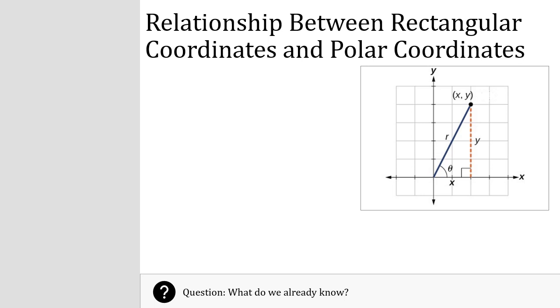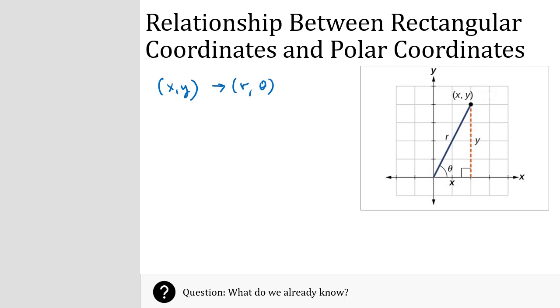And specifically, if we are given a rectangular coordinate that is in the form of x, comma, y, how can we find the r and the theta that it would convert to?